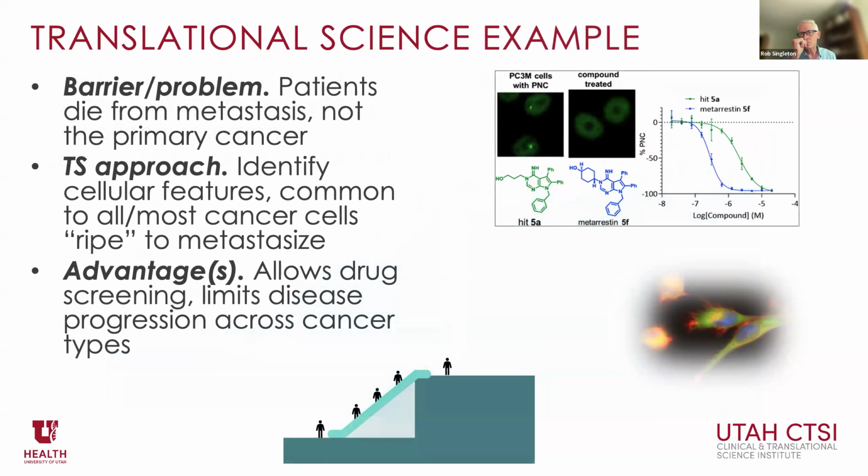So here's an example. We all know that in the setting of cancer, most patients die not from their primary cancer, but instead from metastases from those primary cancers. And so, a translational science approach is to identify cellular features that are common to cancer cells that make them ripe for metastases and then use that to allow drug screening to limit disease progression or metastasis across cancer types.